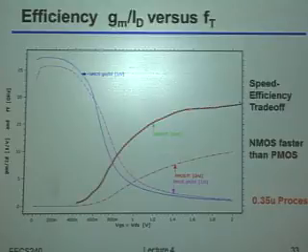As you should hopefully expect, as you increase VGS minus VT, which is equivalent to increasing the V star, your fT or omega t will get better, but your gm over ID will get worse. So there's always this trade-off between how fast you can make the transistors intrinsically versus the current efficiency you can get out of them, okay?